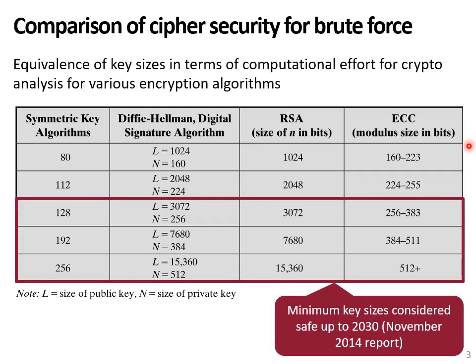Currently, the three last rows are considered secure up to at least 2030, because as time goes on, computational power increases and thus it becomes easier to perform brute force attacks. As you can see, a large number of bits are needed to keep RSA secure compared to symmetric encryption.